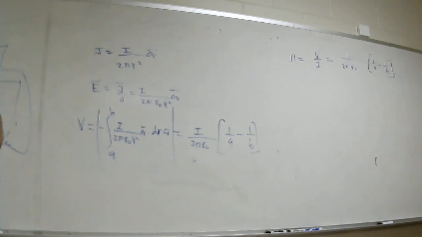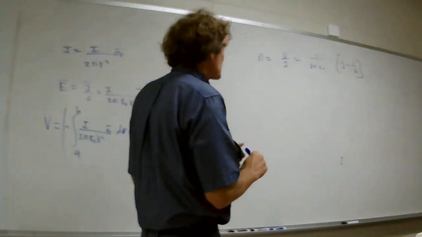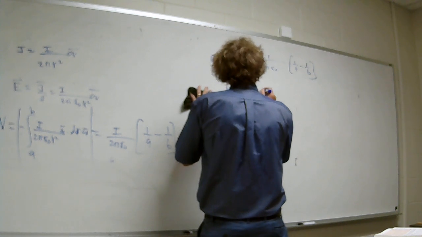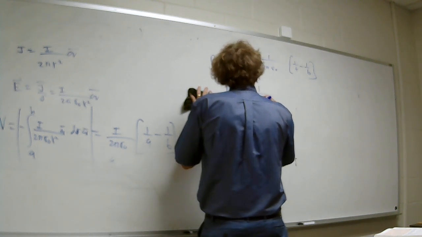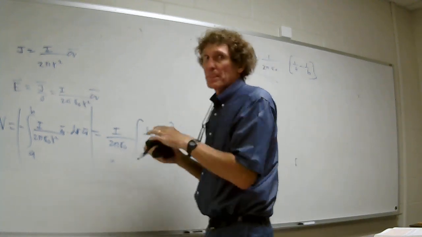Yeah. I want to make a comment on this. Now this is something I just want you to take a look at for a second. Normally when they do problems like this and they talk about grounding rods, if I take a look at this and I assume this dimension B tends to infinity. With me? What happens? If B goes to infinity, R becomes approximately simply 1 over 2 pi sigma naught A. Y'all follow me on that? Yes.